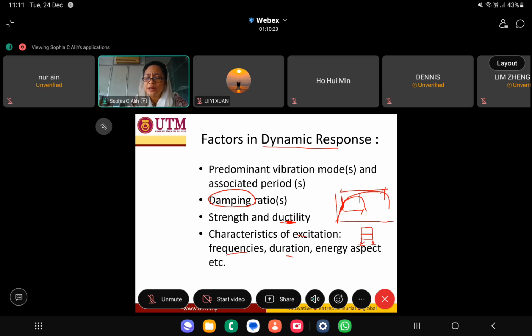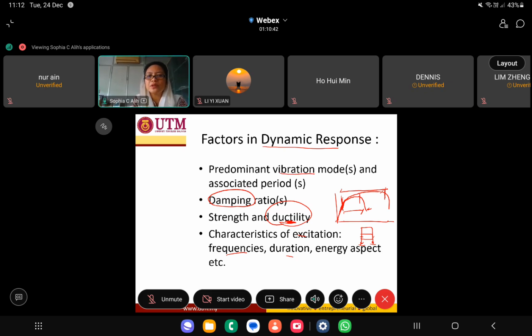The structure is in a brittle behavior, and the column may completely collapse before other parts yield as well. So we do not want this behavior. We want higher ductility. When you are looking into dynamics, you also look into the ductility of your structure.